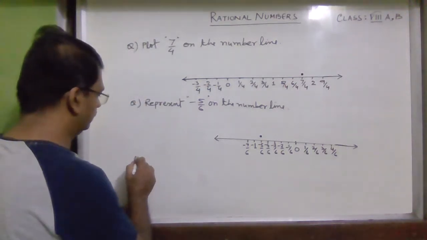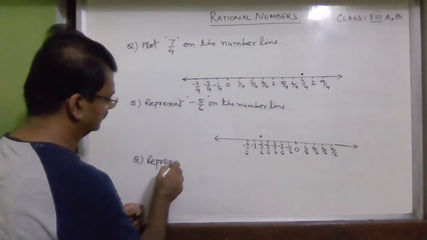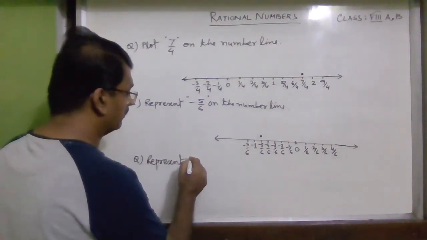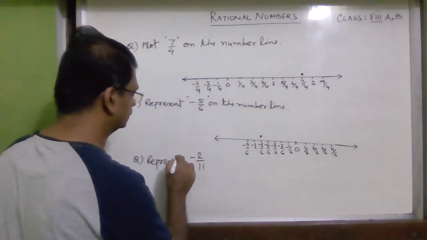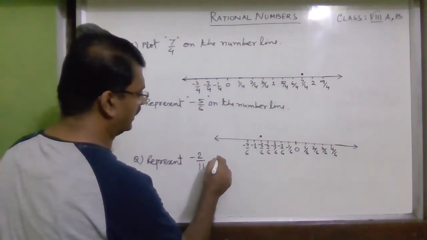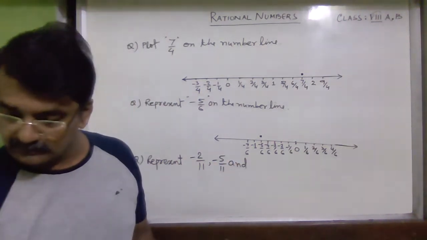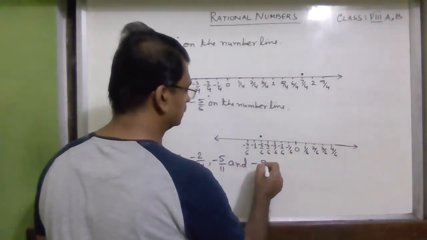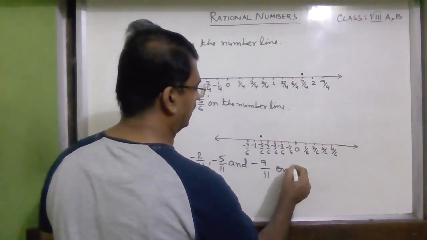Next question: represent minus 2 by 11, minus 5 by 11, and minus 9 by 11 on the number line.